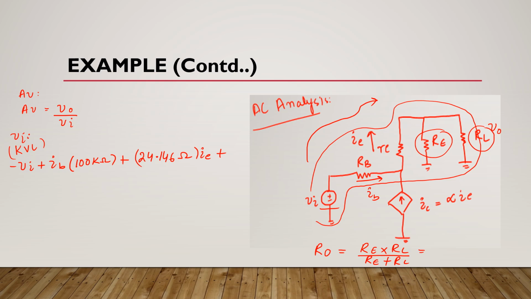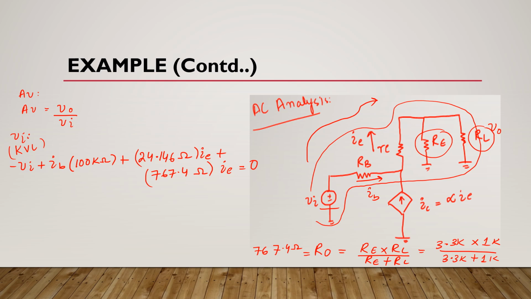We know that RE is 3.3 kilo ohms and RL is 1 kilo ohm. After solving this, you will get R naught 767.4 ohms. So we write here 767.4 ohms, and here current will be IE as well, and it is equal to 0.